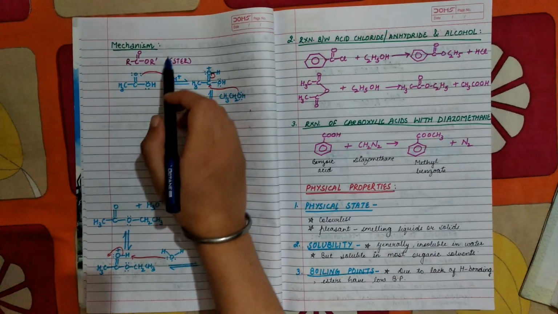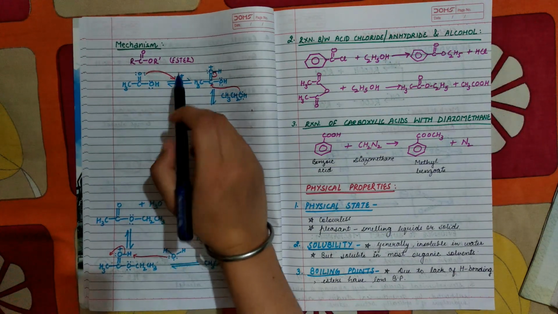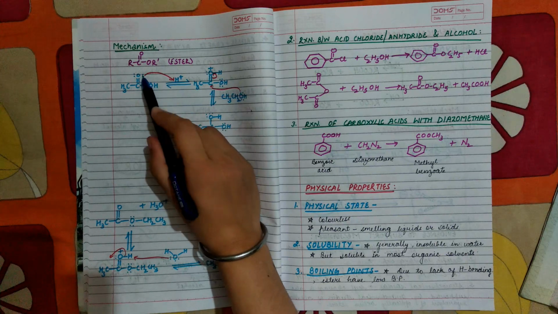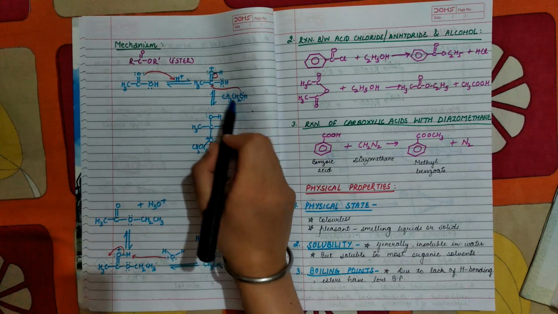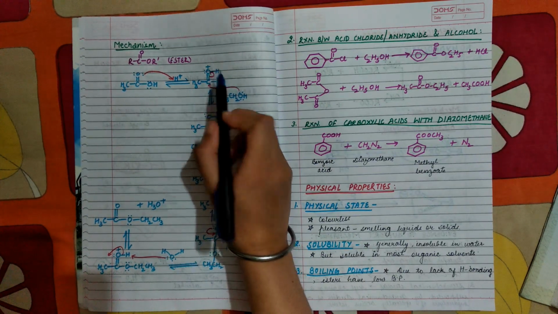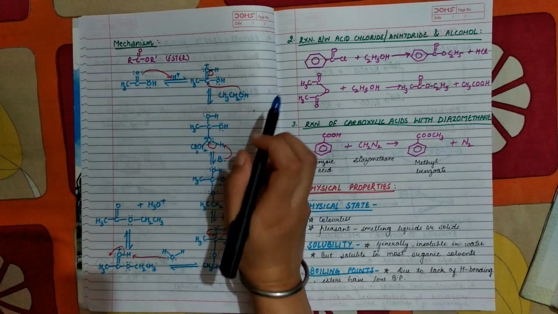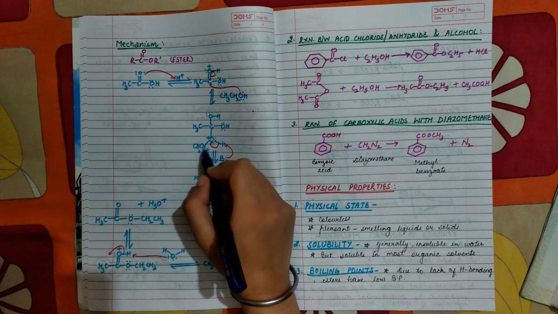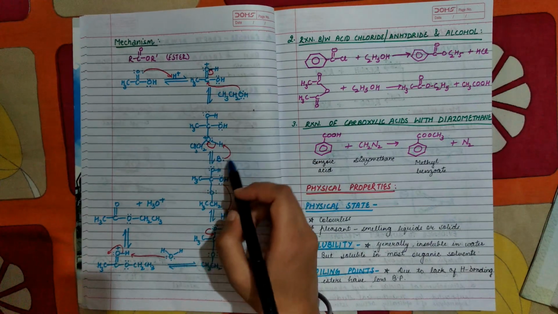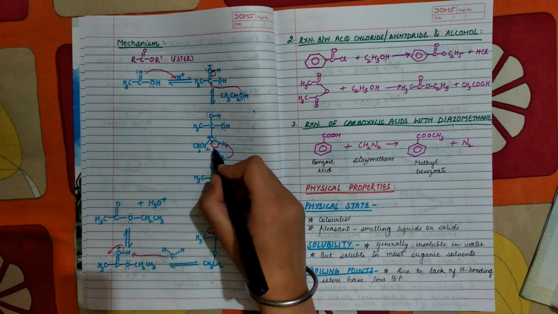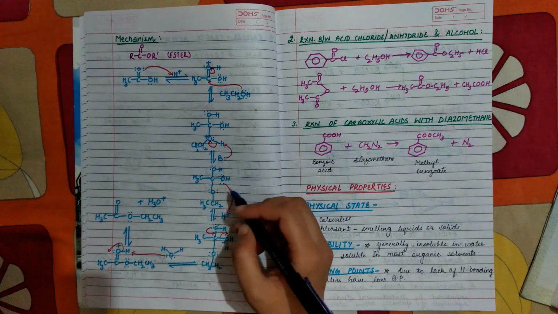The mechanism of esterification reaction, here this is carboxylic acid, it is treated with H plus, which attacks on oxygen to form OH positive, it protonates the oxygen, and then this double bond shifts to OH bond, and the lone pair on oxygen is attacking on this carbon. So this is the structure formed, and this positive charge is attained by the oxygen. Now this OH bond shifts to oxygen and a base is attached to the hydrogen.